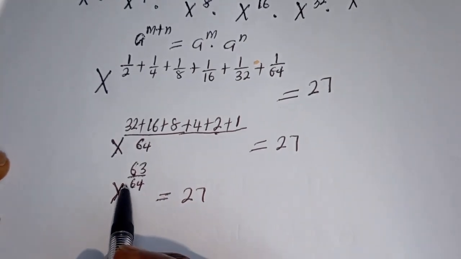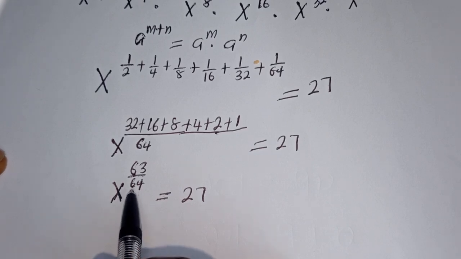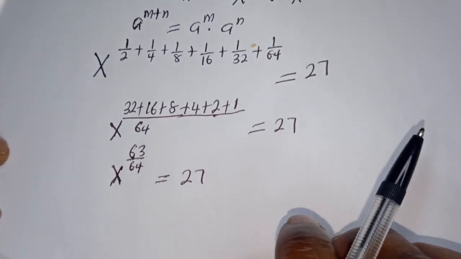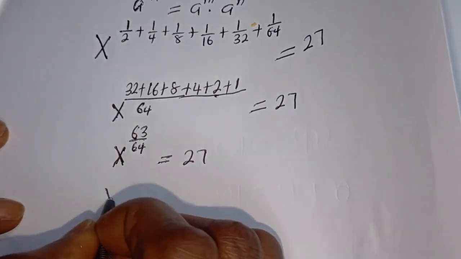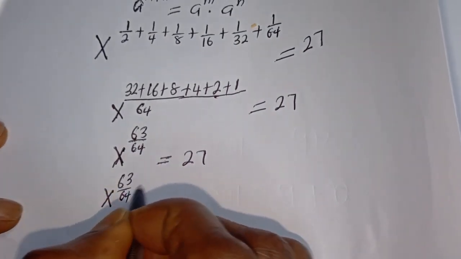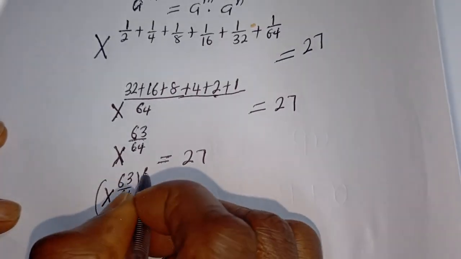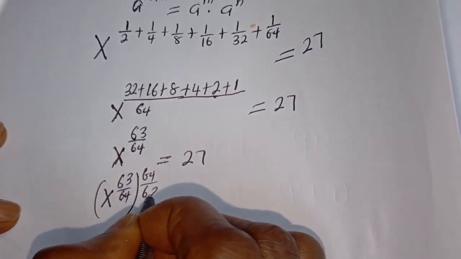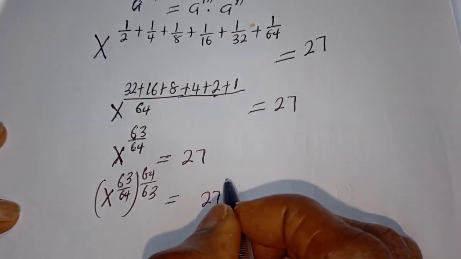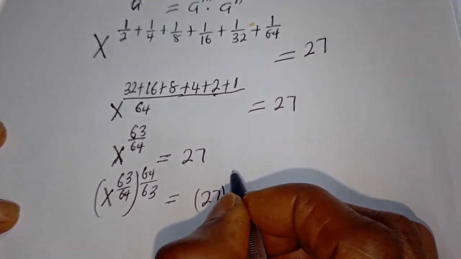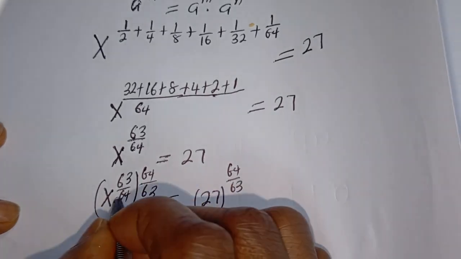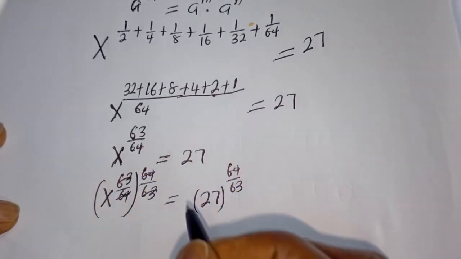Let's multiply the exponent of both sides by 64 over 63. Then this is s to the power of 63 over 64 to the power of 64 over 63 is equal to 27 to the power of 64 over 63. This will cancel this, and this will cancel this.